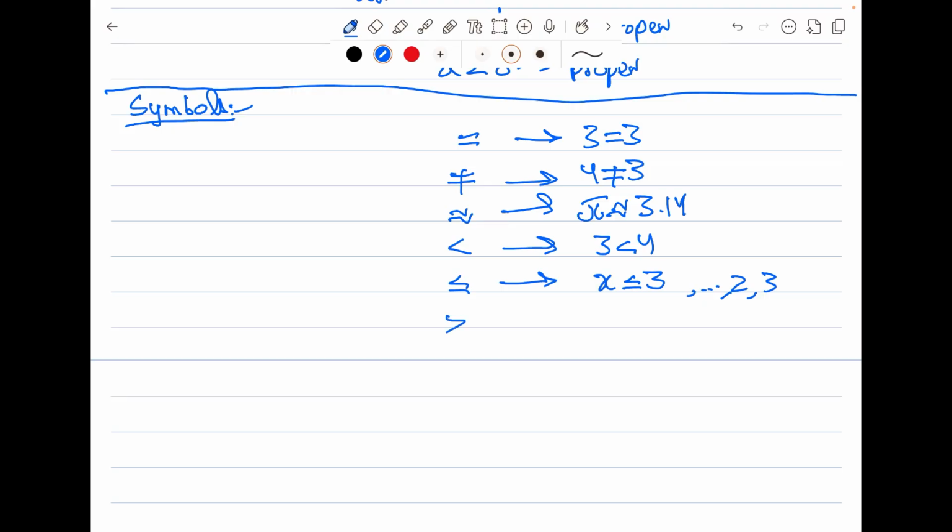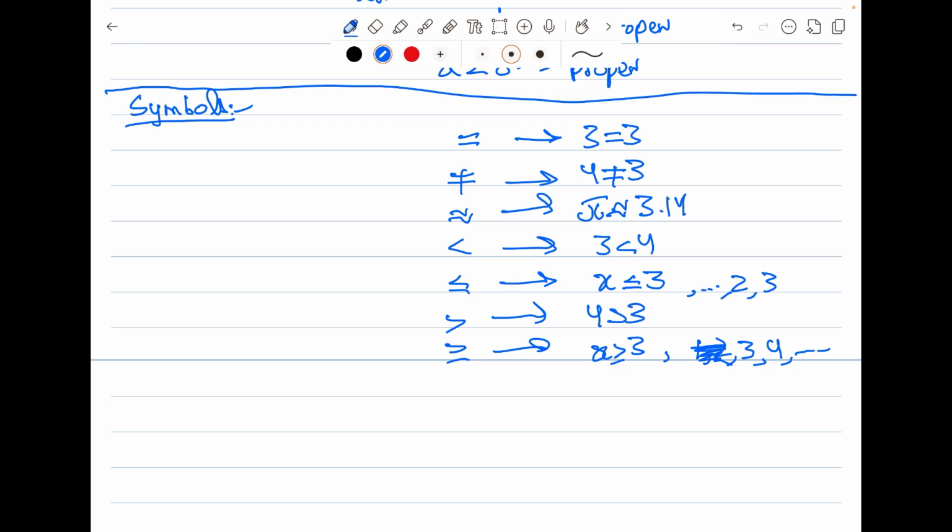Then this is the symbol for greater than: 4 is greater than 3, right? Greater than or equal to, you get the idea. If x is greater than or equal to 3, then we have 3, 4, and all the numbers greater than that, all right?